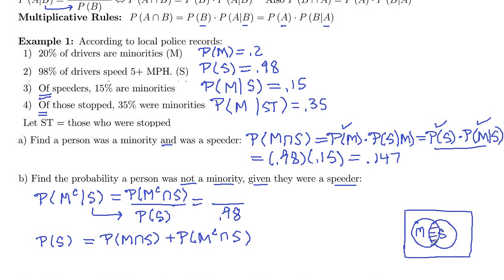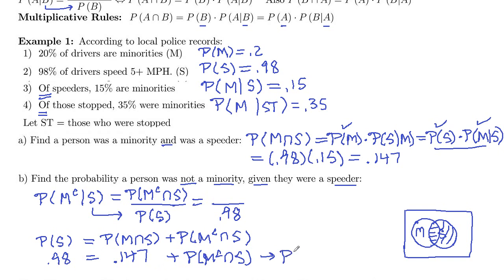This piece here, which is the intersection M and S, and then this piece out here, which is in S but not M. So this is S and not M. Those two pieces together make S. So we know the probability that they're a speeder, that's 0.98. On the right side, M and S, we know that, we just figured it, 0.147. And then this is left over, M complement and S. So we just have to bring that 0.147 over as a negative.